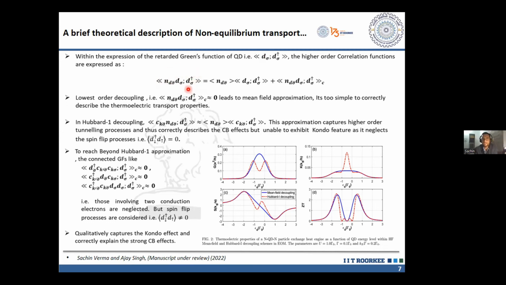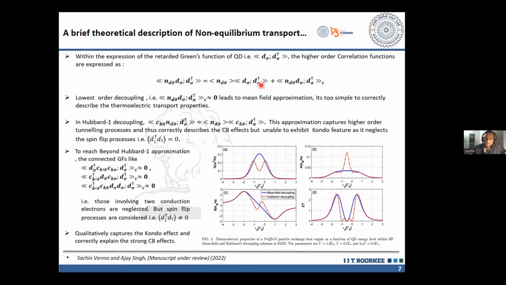It becomes a complicated task to calculate the higher order Green functions, so one needs to stop at a certain point, which is decided by these approximations. At the lowest order, these Green functions can be written like this. This is called the mean field approximation. Electrons are interacting by a mean field. There is no one-to-one interaction between the electrons. The electron is interacting with the mean field of the electrons.